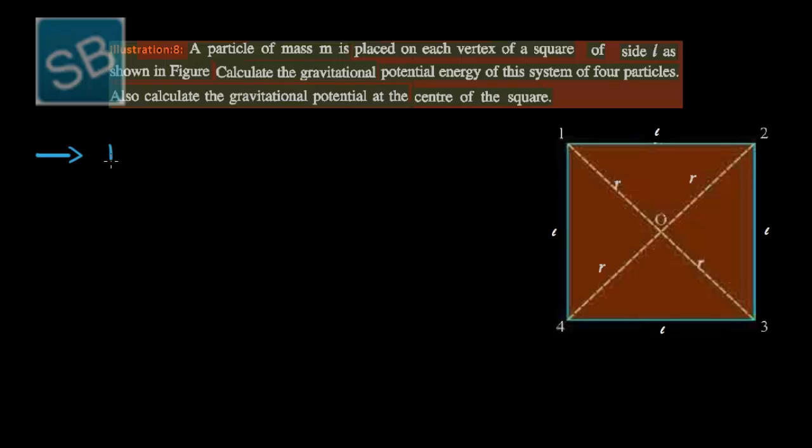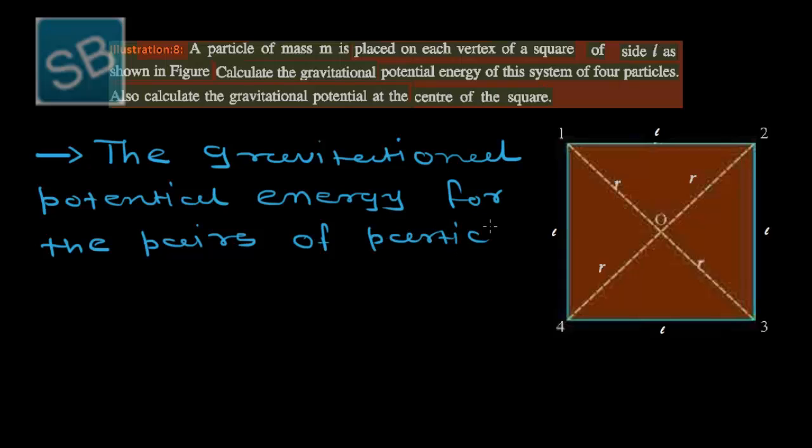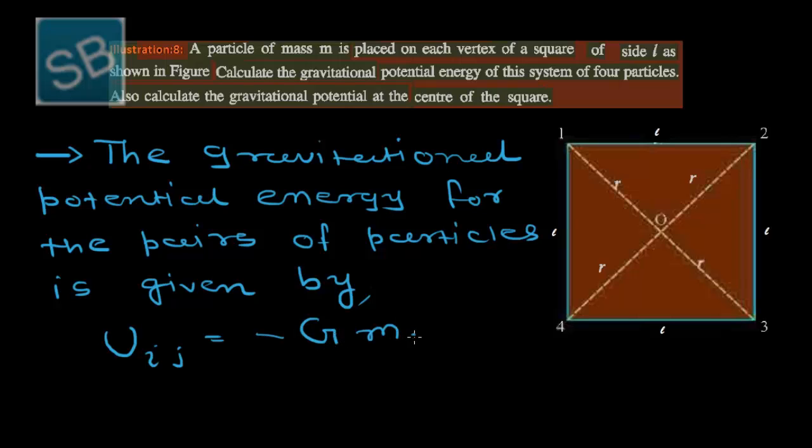So the general result first of all I am writing: the gravitational potential energy for the pairs of particles is given by this equation, U subscript ij, where i and j show the pair of the particles, is equal to minus G mi mj divided by rij.